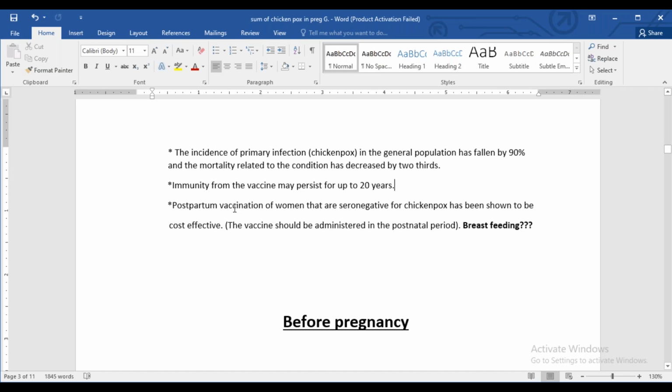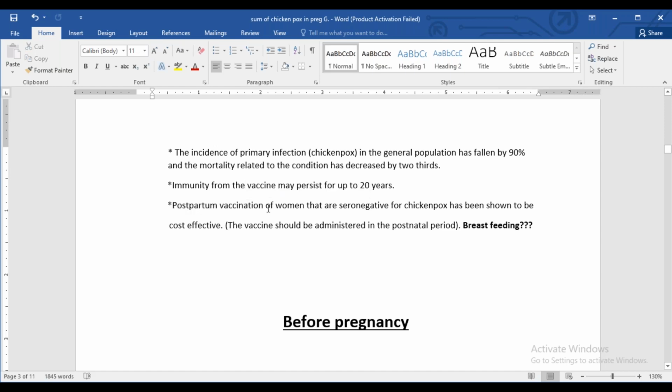If you know that one patient is not immunized and she catches infection or she didn't catch infection, but you know during pregnancy she's not immune to varicella zoster by examination or whatever happened, you have to discuss with her the postpartum vaccination. Postpartum vaccination, you have to consider and discuss with the woman. You have to offer it for her, okay?